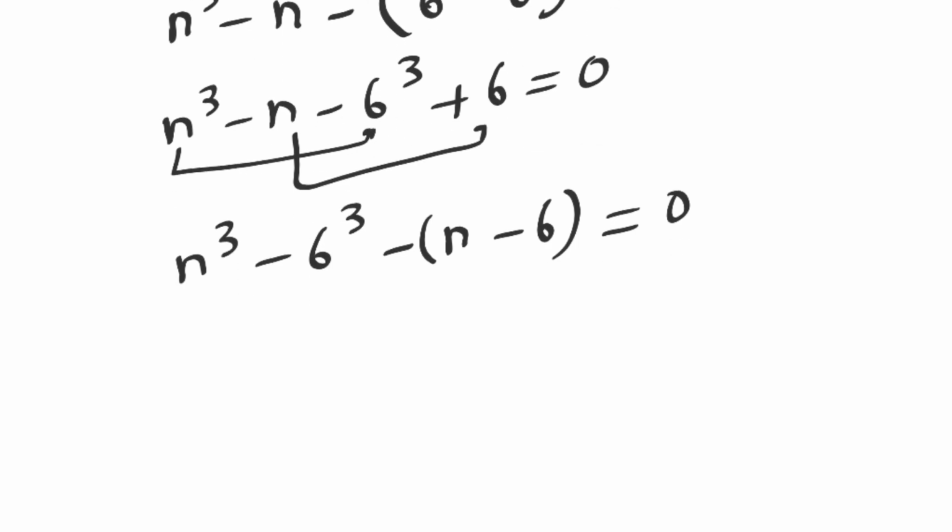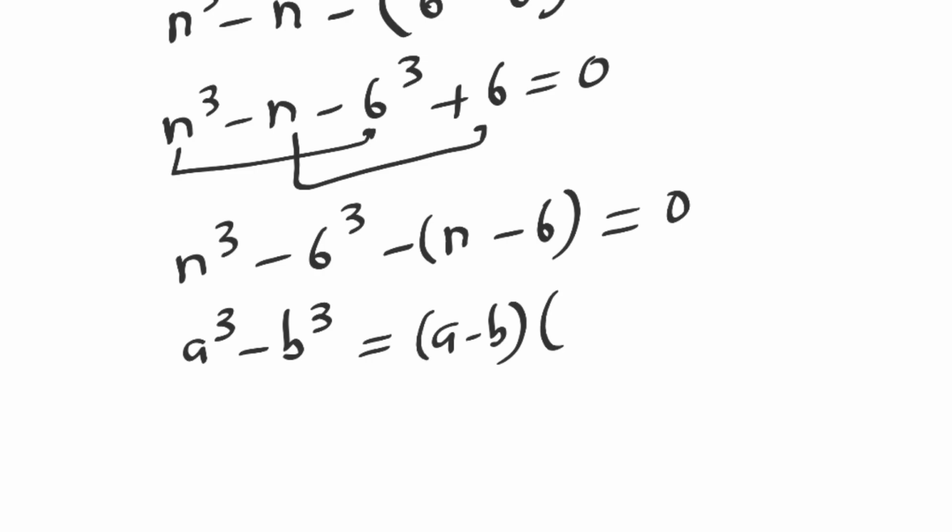Now if you have a raised to power 3 minus b raised to power 3, this is equal to a minus b bracket a square plus ab plus b square.